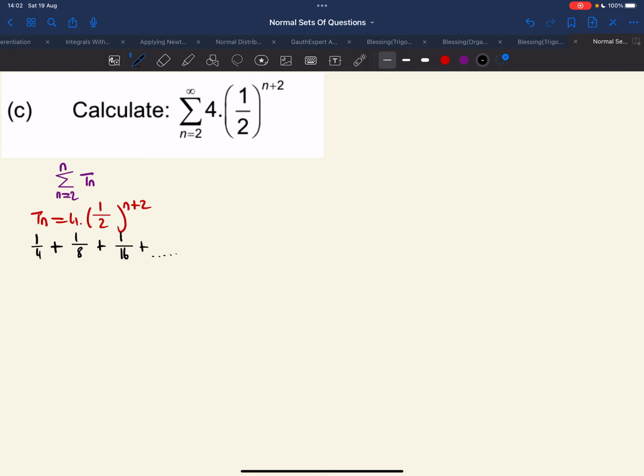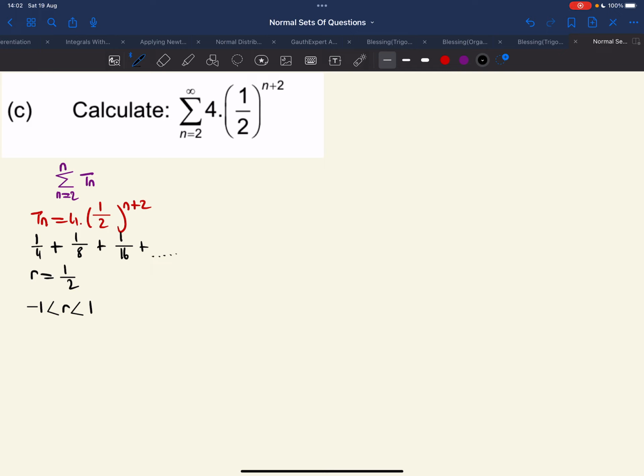And then if we look at that, we can see that our r, our ratio, is basically just a half, as given from here. And then remember, for us to use the sum to infinity, our r has to be between -1 and 1.